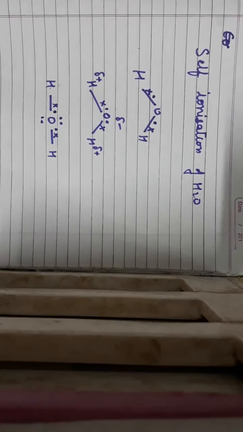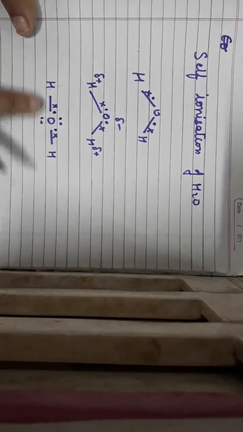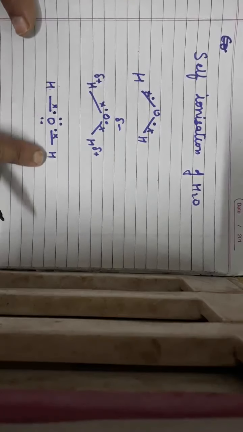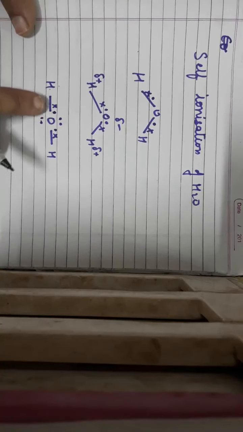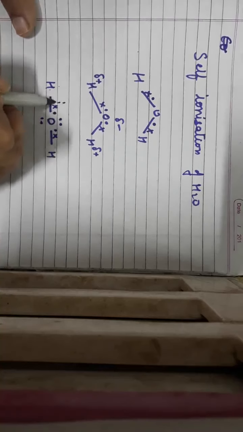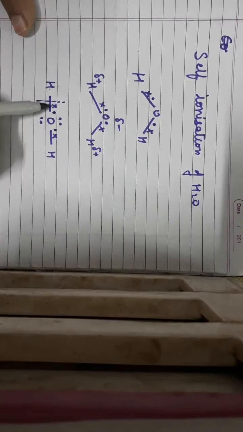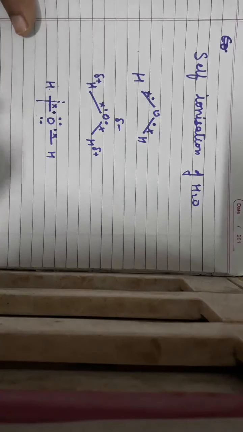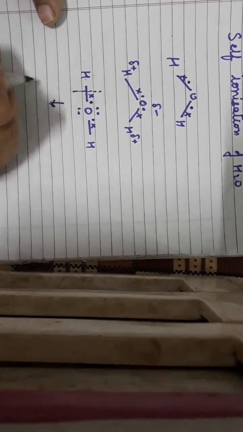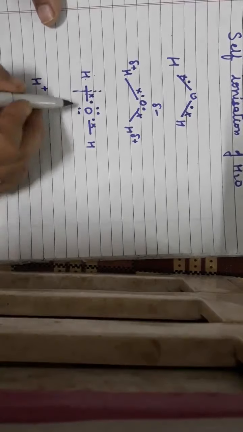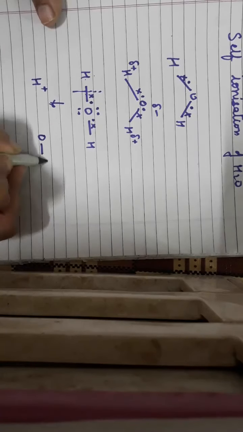Now what happens in self-ionization of water: any one of the bonds, either this oxygen-hydrogen or this one, as the shared pair is already near to oxygen, one of the bonds will break in such a way that the electron of hydrogen which was shared between hydrogen and oxygen goes with oxygen, and this hydrogen will be released in the solution as a proton. So the bond will break after releasing the hydrogen ion, and the next is the hydroxide ion.